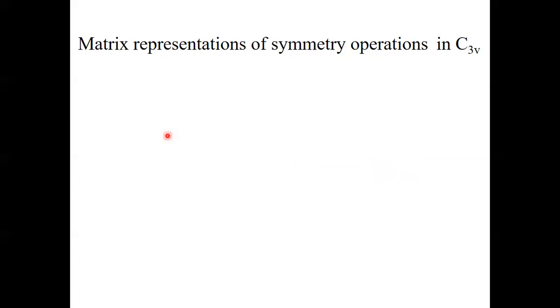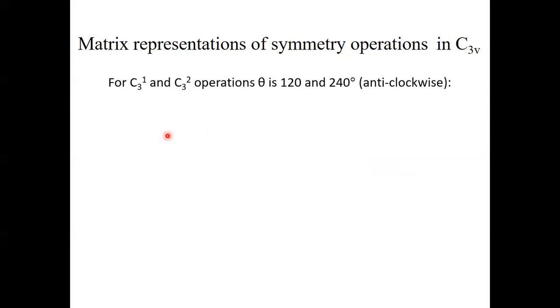Okay, so now we have to apply this particular problem to the C3 symmetry operation. So for the C3 symmetry operation, we'd have to consider C31 and C32. We would rotate around 120 or 240 degrees by convention anti-clockwise around the angle theta. So theta would be equal to 120 and 240 degrees respectively.